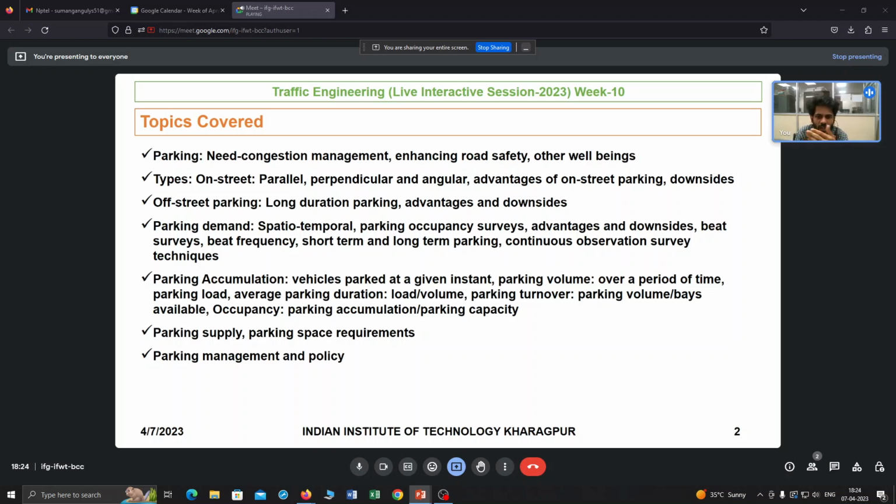So actually there are different advantages and disadvantages. If your parking space is less, maybe you want to go with angular parking, not with parallel parking, because it will take more space.